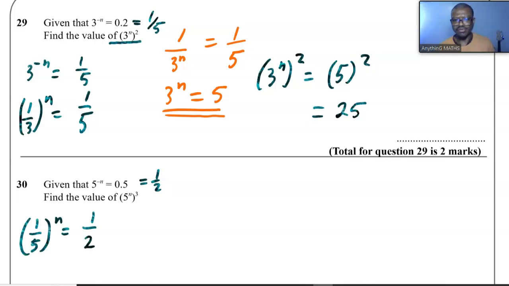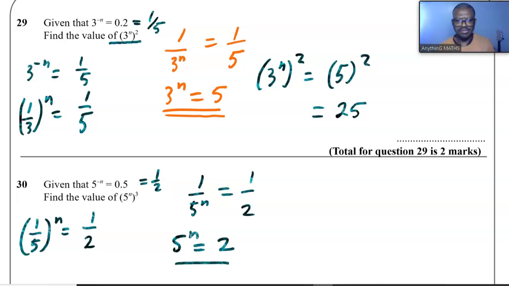So 1 over 5 raised to the power n is the same as half. Using algebra, we can say that 5 raised to the power n is 2.